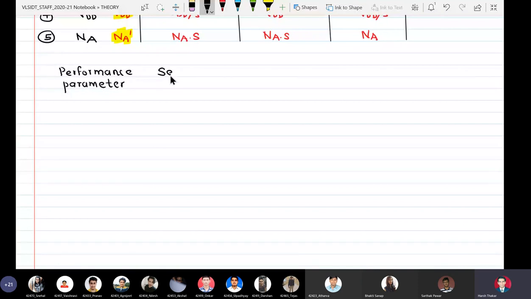Here we have a column called sensitivity. Sensitivity is nothing but the mathematical formula, nothing else.